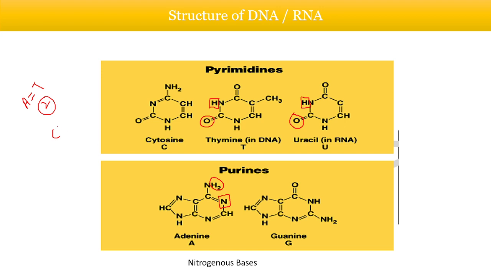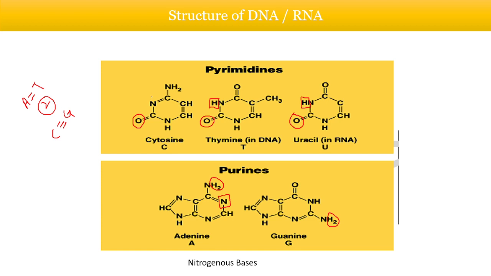So for C and G we have three hydrogen bonds. As I was mentioning, the three groups for your cytosine: this oxygen goes and forms a hydrogen bond with one of this hydrogen.